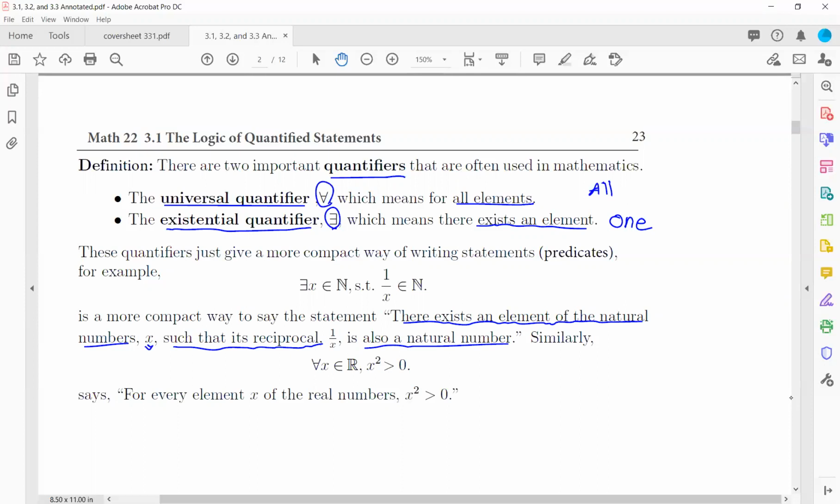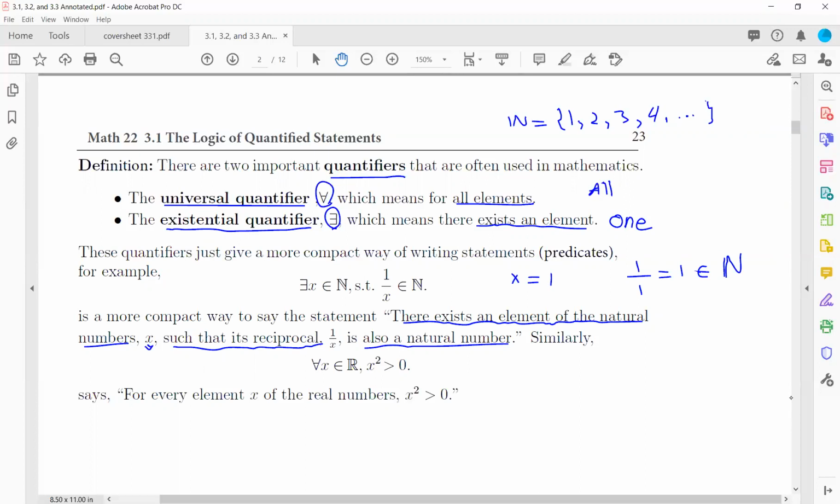Yes, if you consider x to be 1, the reciprocal of 1 is 1, which belongs to N. Remember, N is the set of all counting numbers: 1, 2, 3, 4, 5, and the rest of them.